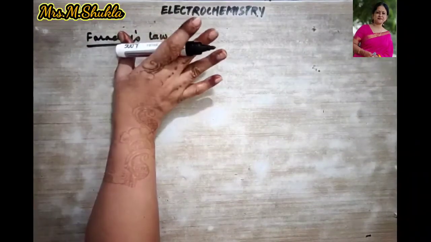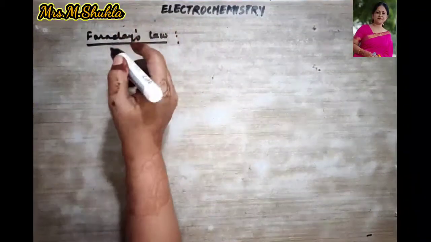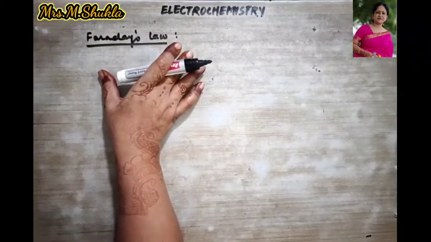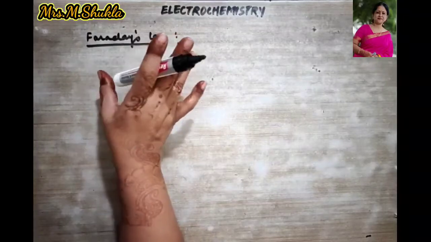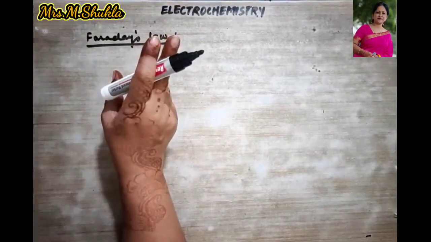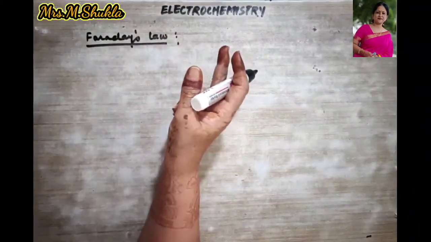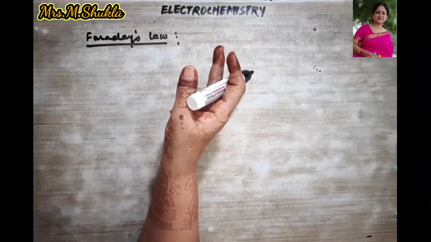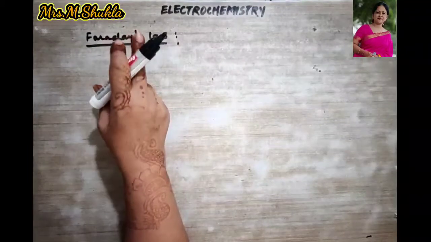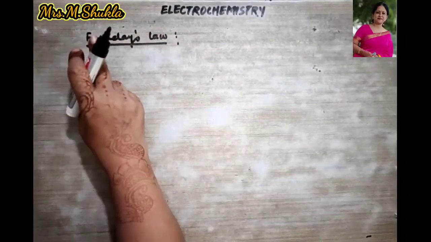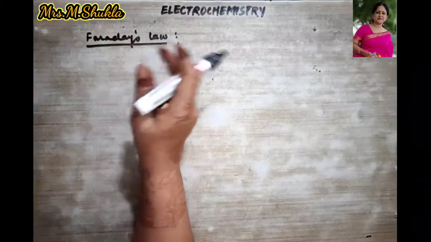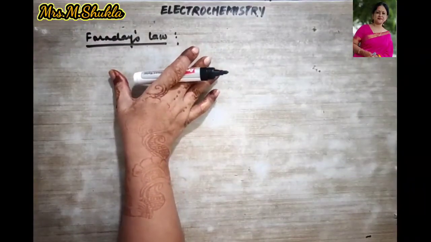I hope you all already know what is electrolysis. So what was the work of Faraday? Michael Faraday, he established what? A relationship between the amount of product that is liberated at electrode and about the quantity of electricity passed through the solution to carry out the process of this electrolysis.